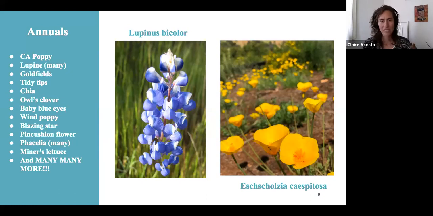You'll also see that most of them have the genus name, so the scientific name. Generally, if there are many different species in the genus, they'll just say the genus, like Ceanothus or Arctostaphylos, and not all the different ones. But if it's a particular species, it will say the whole species name, like Galvezia speciosa. If you aren't familiar, scientific names are typically more precise, because common names can be more regional.